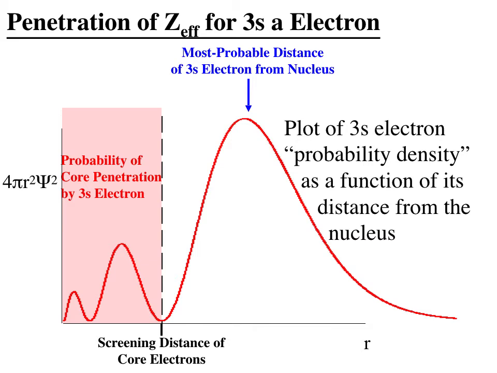If we plot the likelihood of location, the probability density of this 3s electron, we get several humps of probability. These humps reveal the likelihood of the electron being at a certain distance r away from the nucleus.